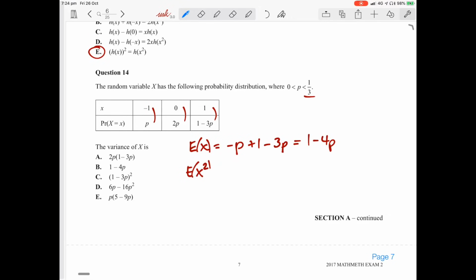E of x squared is p, that's nothing, plus 1 minus 3p, which is 1 minus 2p. So E of x squared minus E of x all squared is 1 minus 2p minus 1 minus 4p squared.